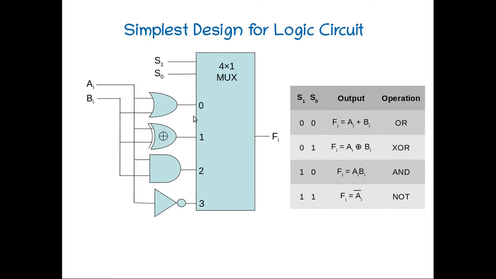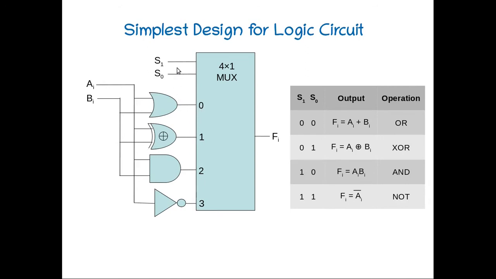Then the OR gate is connected with the 0 input, XOR with 1, AND with 2 and an inverter with 3. This output will be the OR of A and B. This will be A XOR B. This will be A AND B, and this is the complement of A. All these outputs will be available at these inputs.